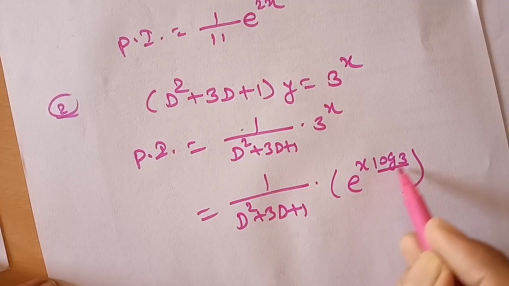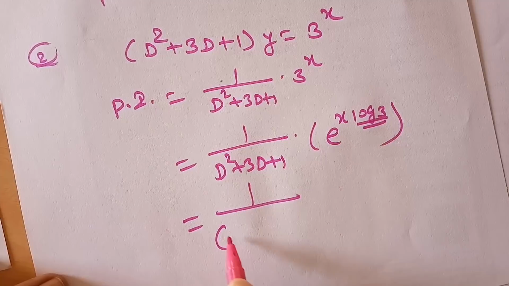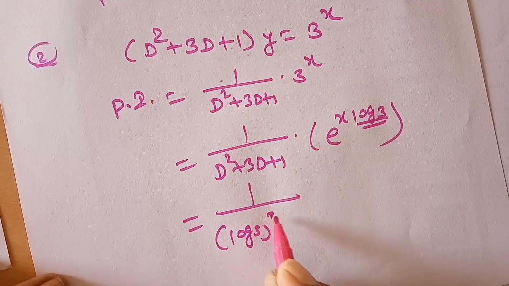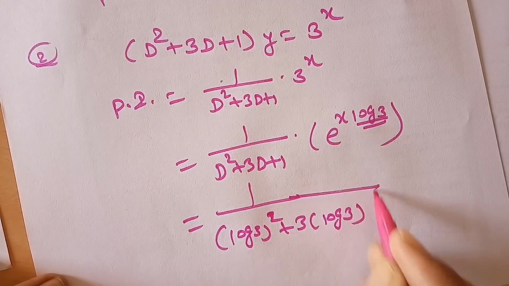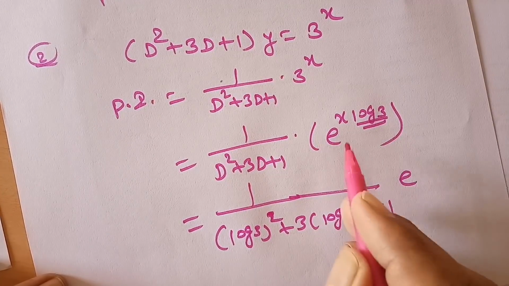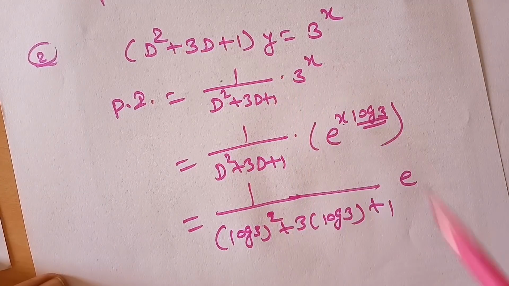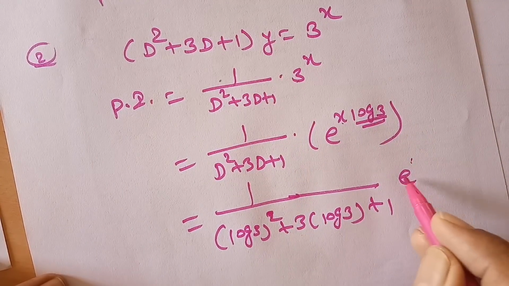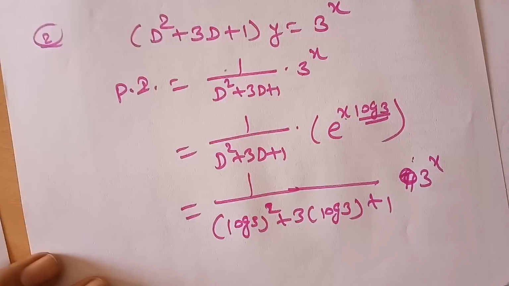Now this log 3 is our constant. We have to replace D by log 3, so we get 1 upon (log 3) whole square plus 3 into log 3 plus 1, into e raised to power x into log 3. Again, e raised to power x into log 3 is 3 raised to power x. So we write 3 raised to power x, and this is our PI. Again, I will take another example.